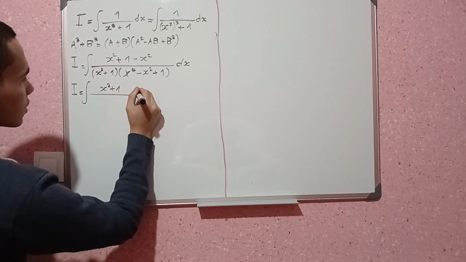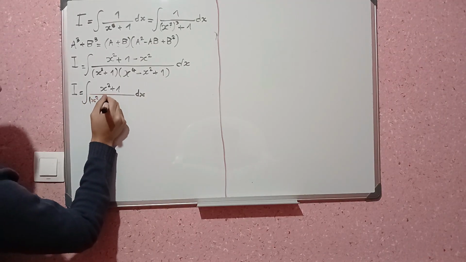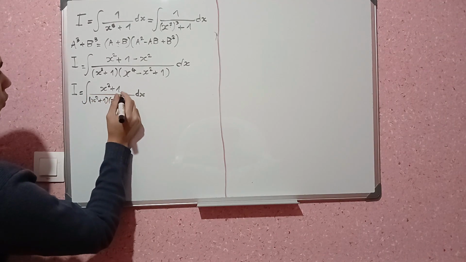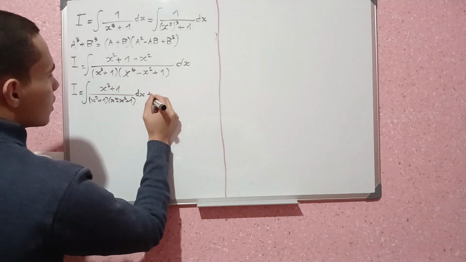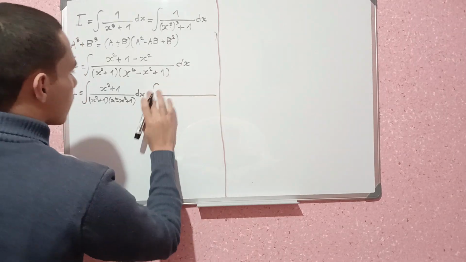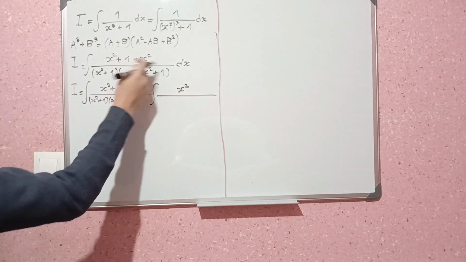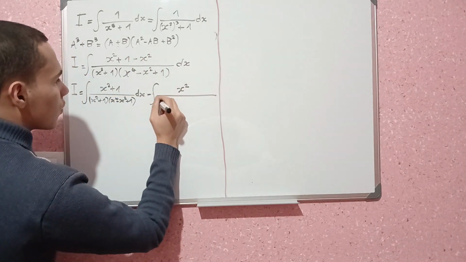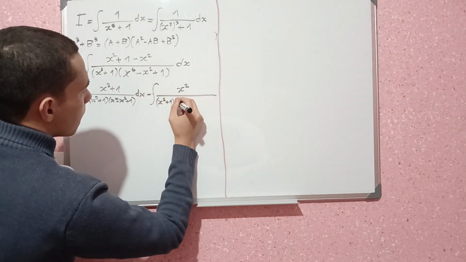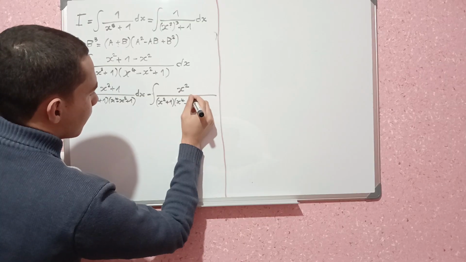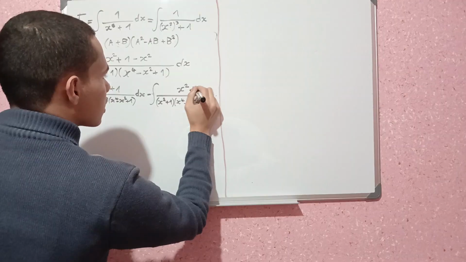If we split the fractions, same here, x squared plus 1 over x to the power of 4 minus x squared plus 1, plus the integral of minus x squared over the same denominator. Don't forget the dx.